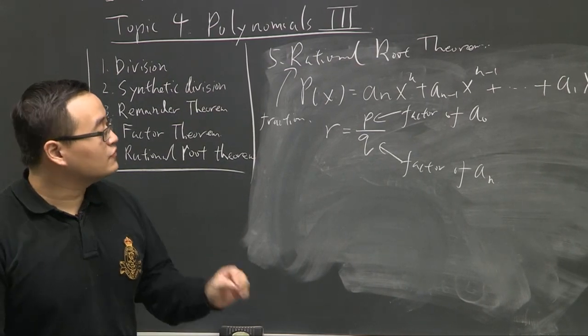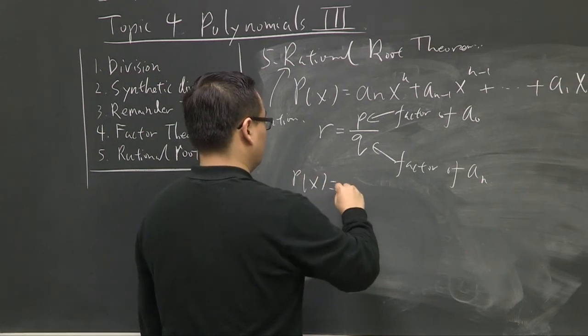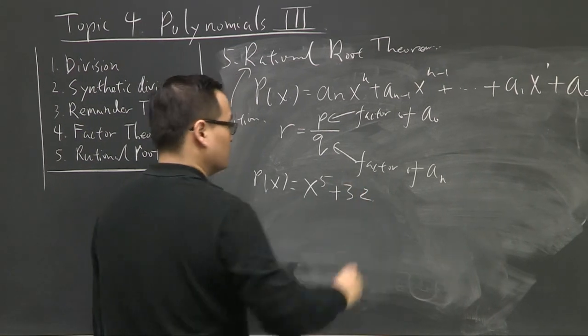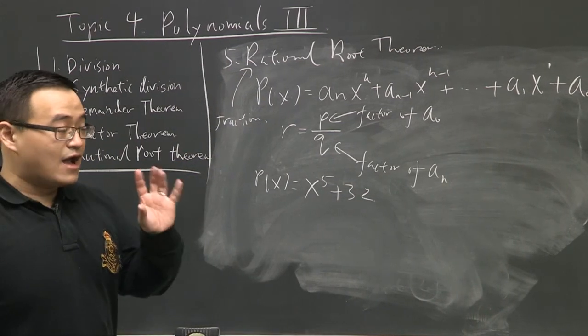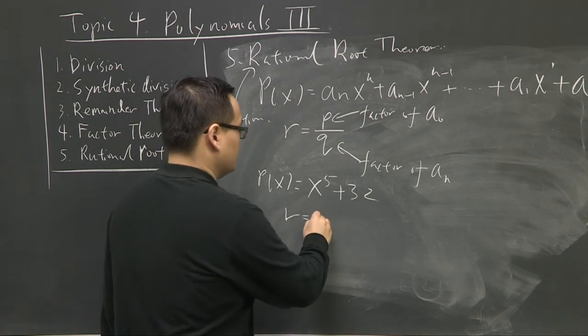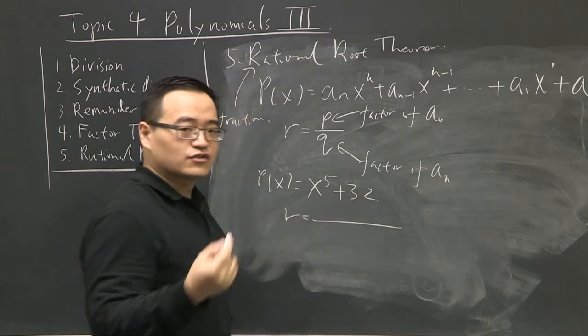Let's take a look at the previous example. We have p of x is equal to x to the 5th plus 32. The way I always do this, I will write all possible roots. The numerators will be all the factors of a_0, which is the constant term. What are factors of 32?